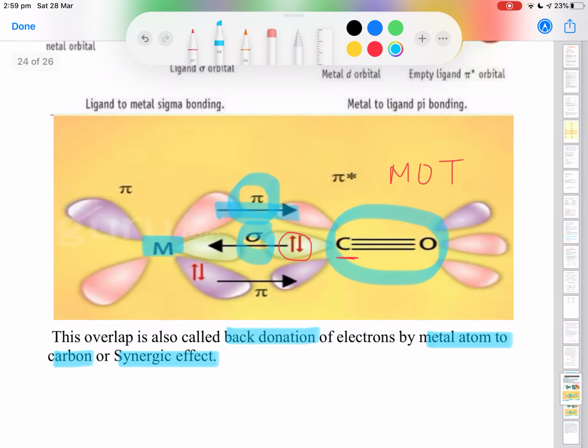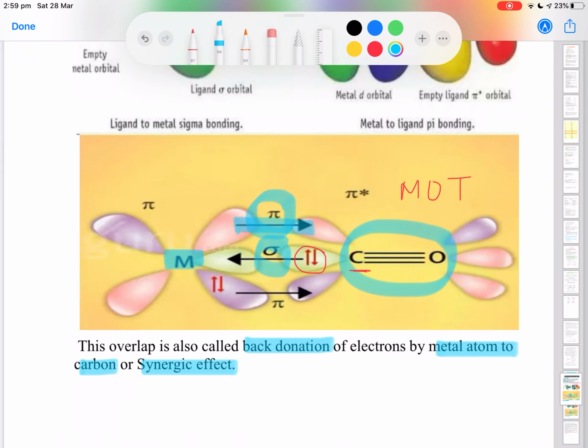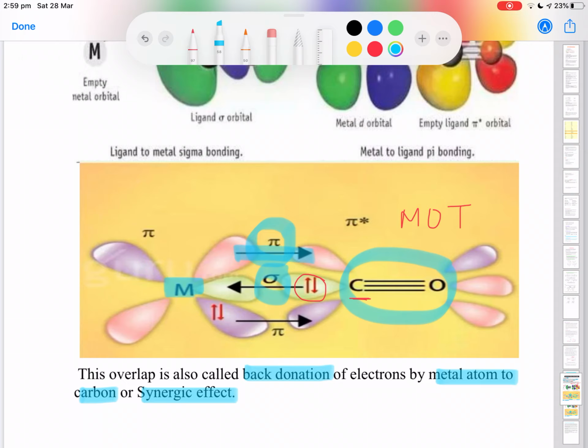And the factor which will stabilize and strengthen the bonding is basically back bonding. So this back bonding concept I have to share with you with a 3D model. So keep watching and we'll be understanding the 3D model so that you understand how the orbitals merge, how they share, and what exactly is meant by synergic effect.